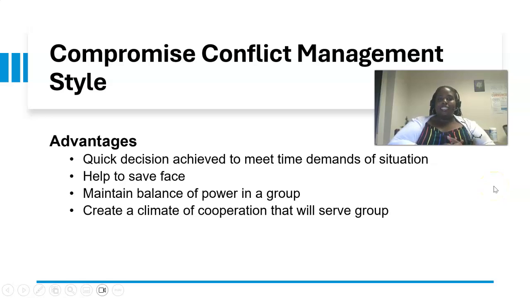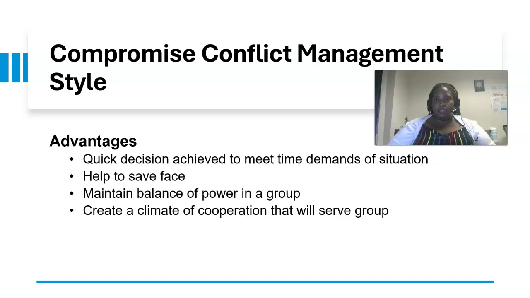Then we have advantages. You come to a quick decision, especially if the time commands it. You get to save face, so face saving techniques. In communication studies, when we talk about our presenting selves, how we present to the world, self respect, and the respect of others, we call that face.